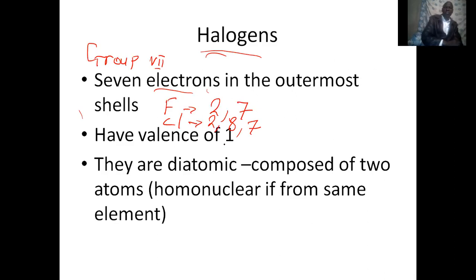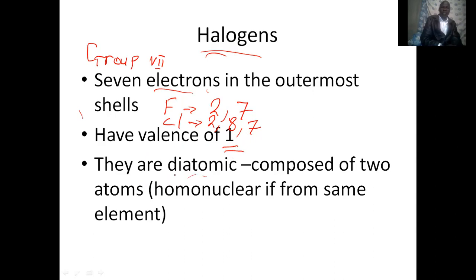You note that all these valence electrons are 7 in the outermost shell, and for them to be stable, they require to gain 1 electron to make them 8. So they all have a valence of 1 because of the gaining of 1 electron to attain stability.